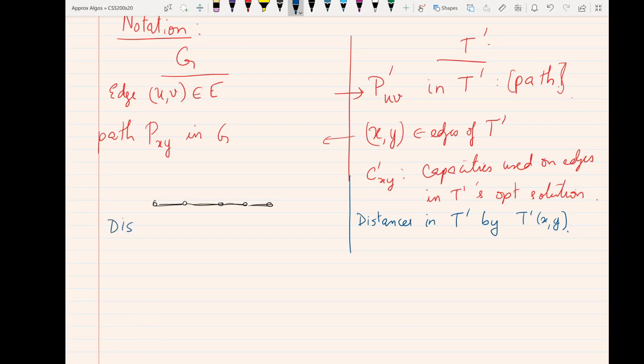The distances in G I'm going to denote by d of xy, which corresponds to the shortest path.